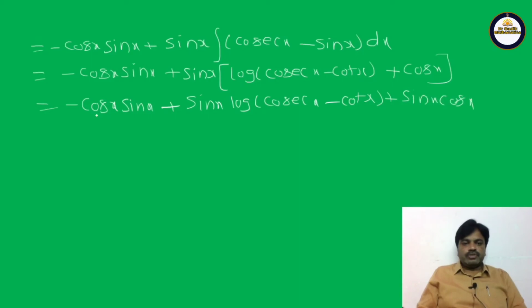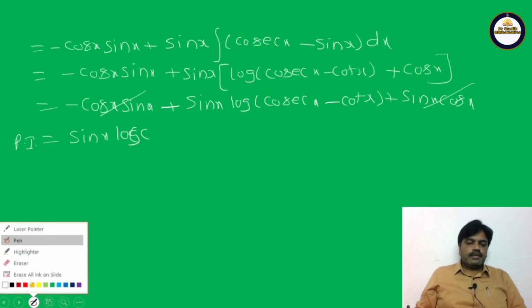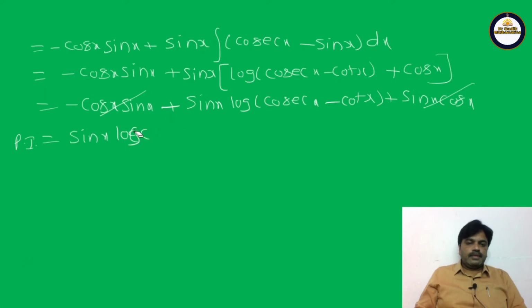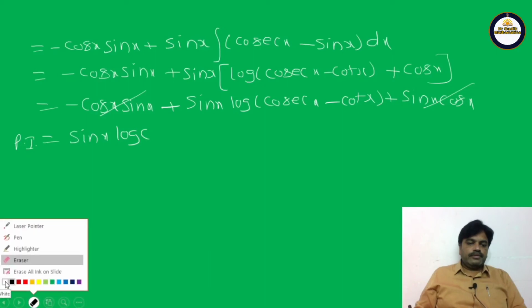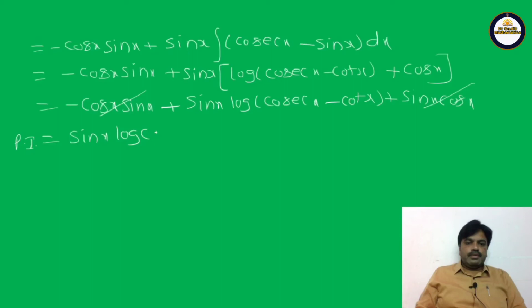We have minus cos x sin x and plus sin x cos x, which cancel. So finally the particular integral is sin x log of cosecant x minus cot x.